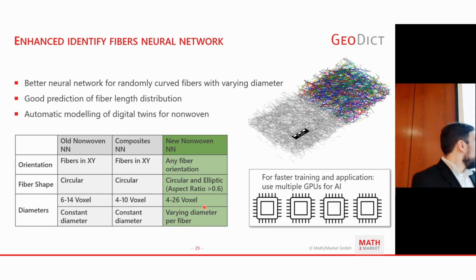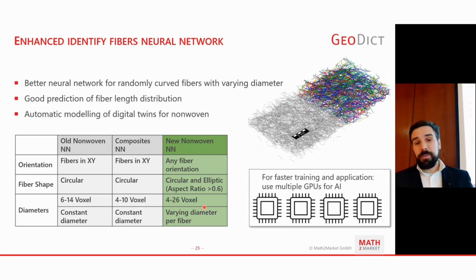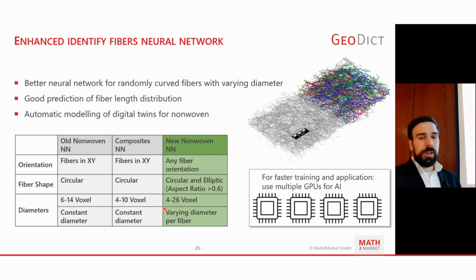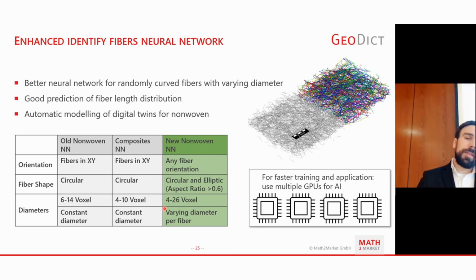This is nice if you have a scan with really thin and really thick fibers mixed, so you don't get the artifacts in the thick fibers we've seen before, and still can work with the thin fibers. Or you would have to somehow split up the thick and the thin fibers and then do the analysis separately. Now you can just do it in one go and separate them afterwards if you want to.